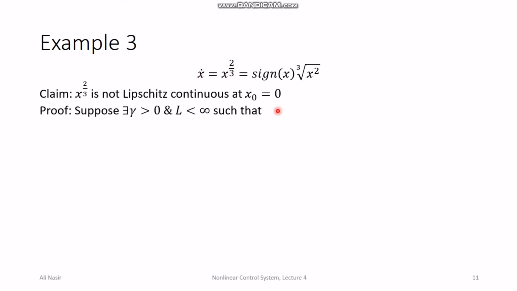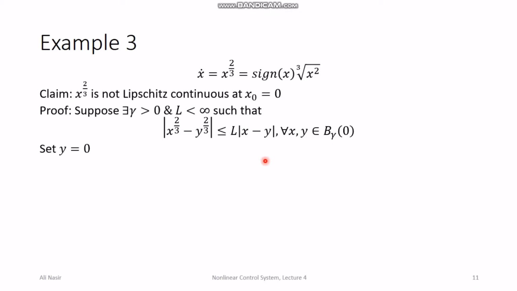Okay, proof. Suppose that there exists gamma greater than 0 and L less than infinity such that this function is indeed Lipschitz continuous. So we are trying to prove by contradiction. Our claim is that this is not Lipschitz, but we are trying to prove this claim by assuming that it is Lipschitz, and we run into a contradiction, and that will be the proof.